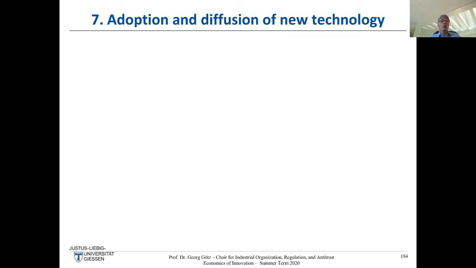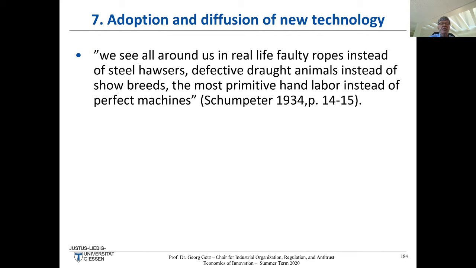I now want to turn to another point where I did some research on my own. That's why I also have in the notes a quote from my RAND paper. It's about adoption and diffusion of new technology. What does that mean? The point is, with new technology, if you have smartphones or electric cars, you only realize the productivity and welfare enhancing powers of these new products if they're actually used by their potential users.